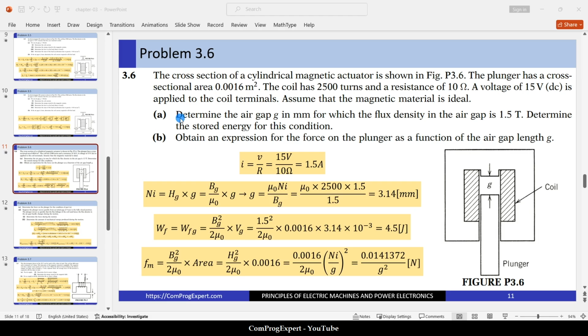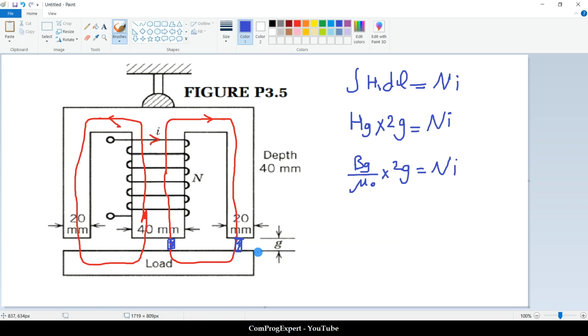A. Determine the air gap in millimeter for which the flux density in the air gap is 1.5 Tesla. Determine the stored energy for this condition. Yes, again, we have an ideal iron core.